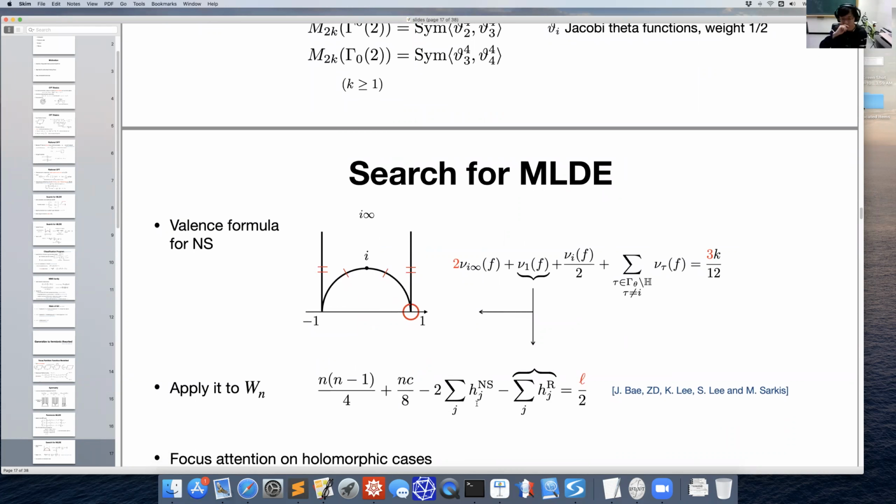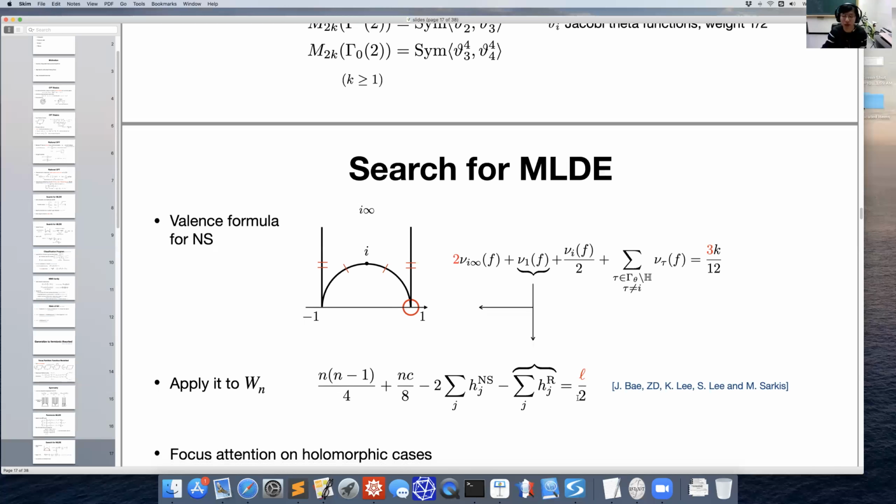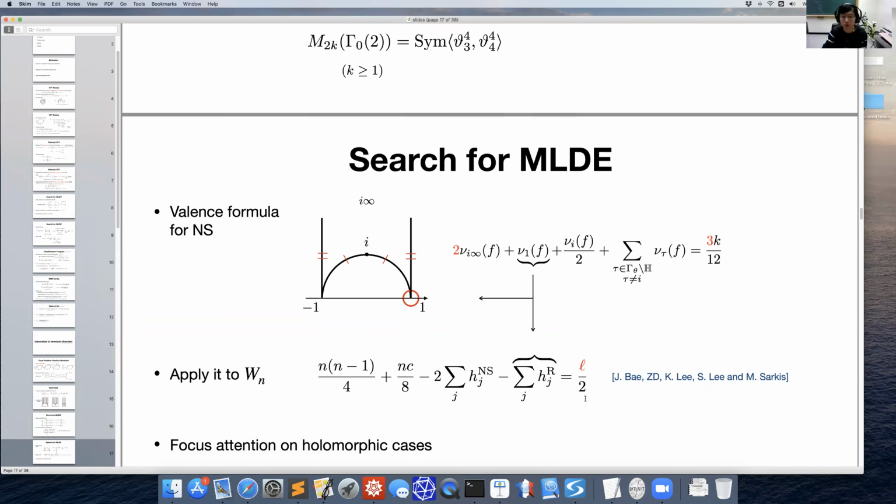Similarly, I can define this number L, which tells us the order of poles for the coefficients. Although this is a straightforward application, as far as we know, no one has written down such a formula before, so I attribute this formula to our paper.